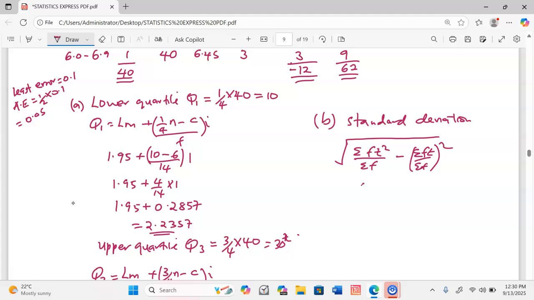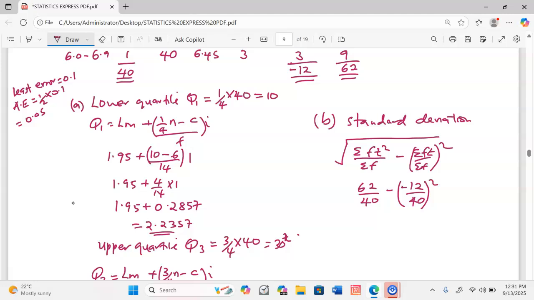This is going to give us 62 divided by 40. 62 is the summation of ft squared, then minus the summation of ft, which is negative 12. We divide by 40, then this one is going to be squared.